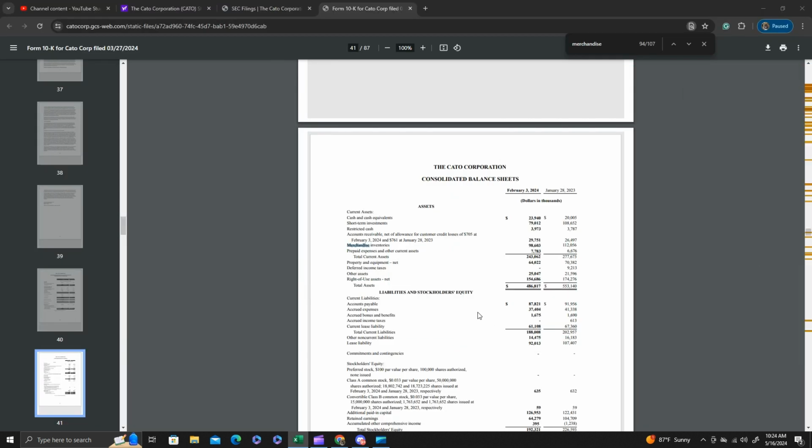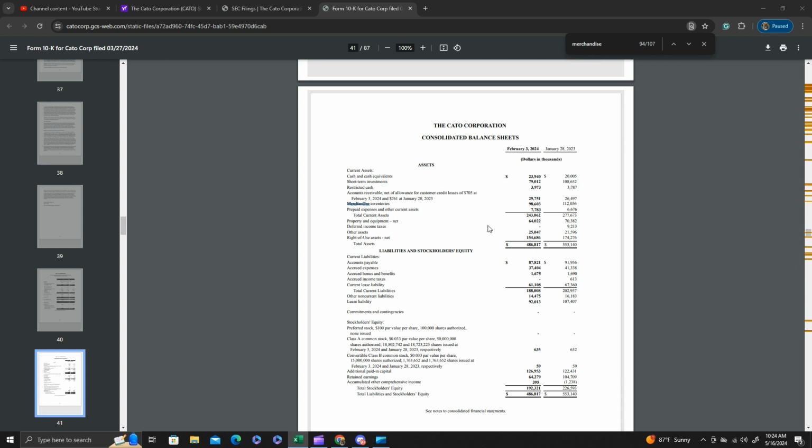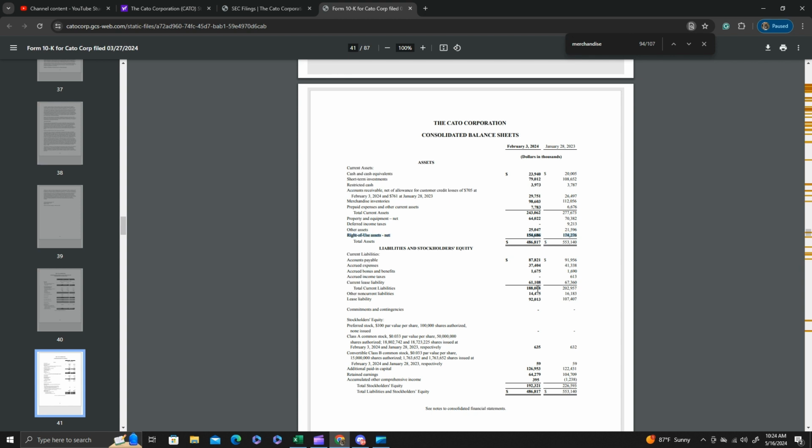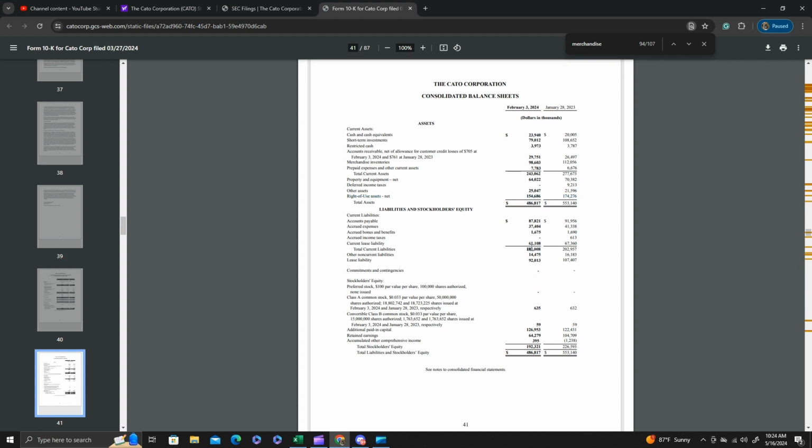Now we need to get the long-term assets. I think. Let's see. Right of use assets. So it looks like they have no... Do they have any long-term life? They only have... Huh.